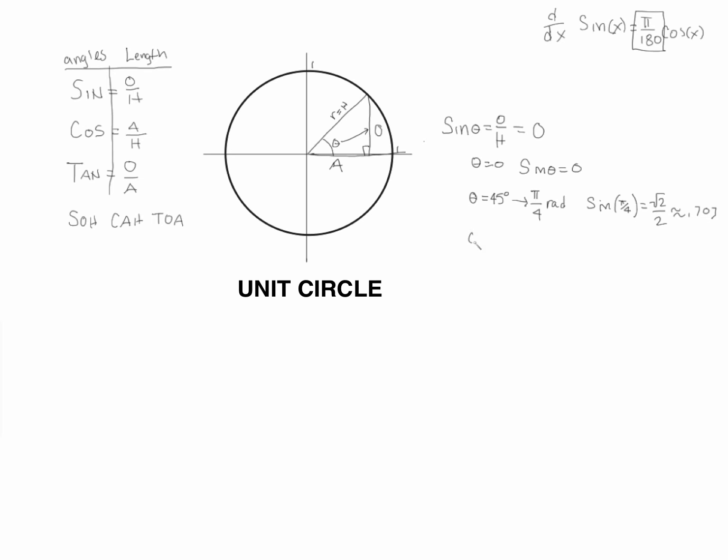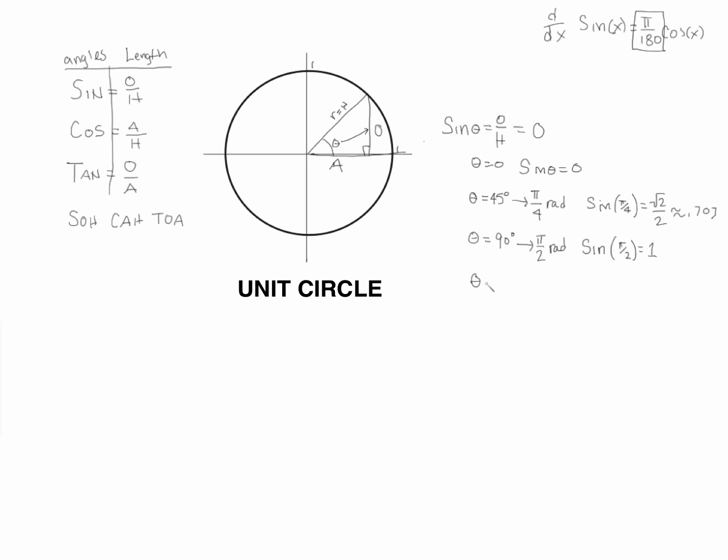Now, if theta equals 90 degrees, we've got pi over 2 radians. You may be wondering where I'm getting that from. From the previous calculation. And so this is the sine of pi over 2, and this equals 1.